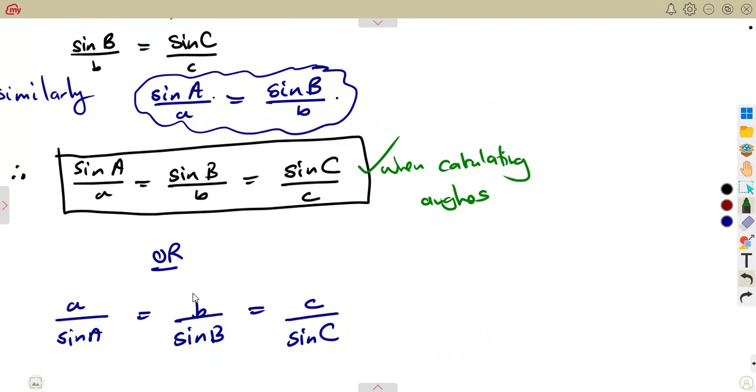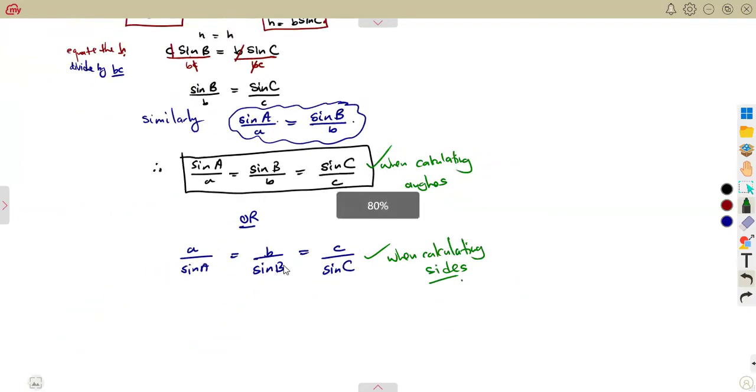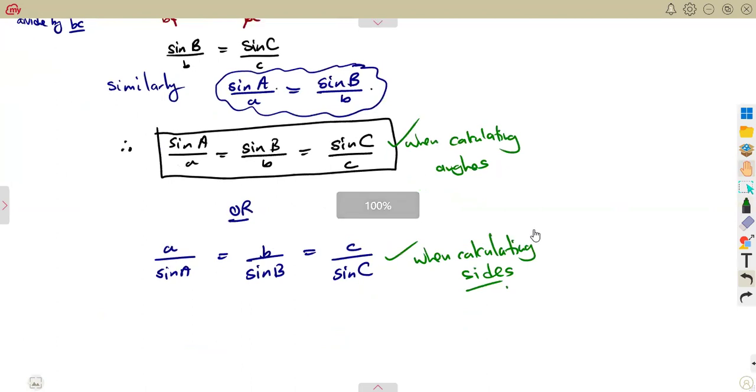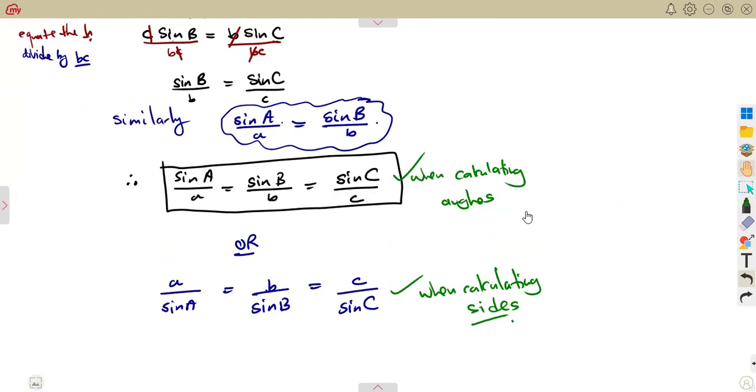I'm not saying using the other one is wrong, but it is best to use this when calculating angles. Also, it is best to use the formula having the sides on top when calculating sides. So that's the condition that you are going to have on the sine rule.